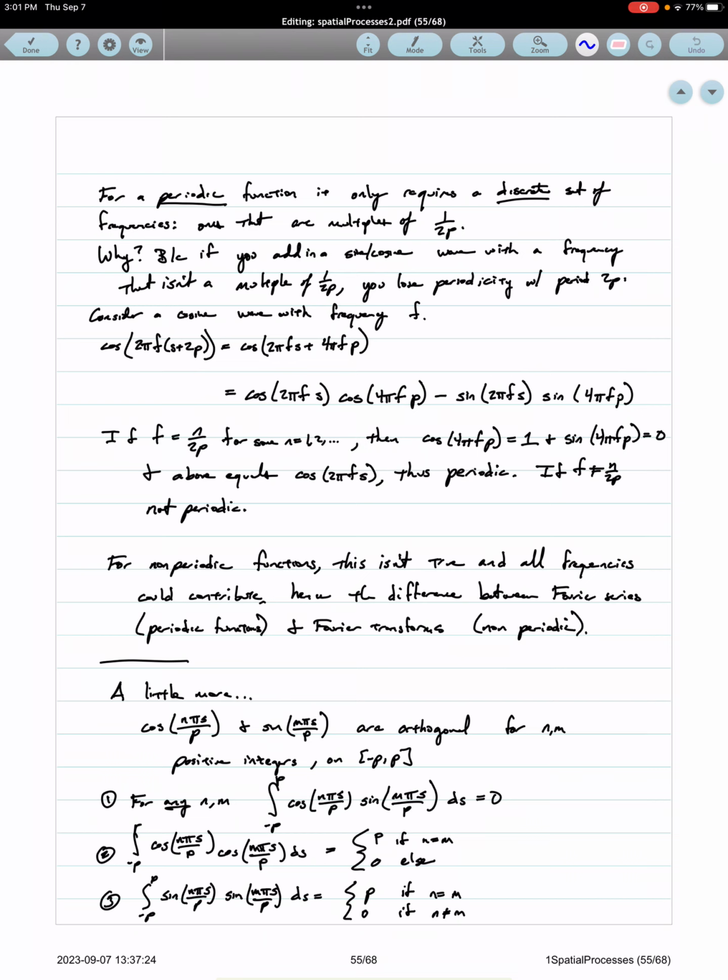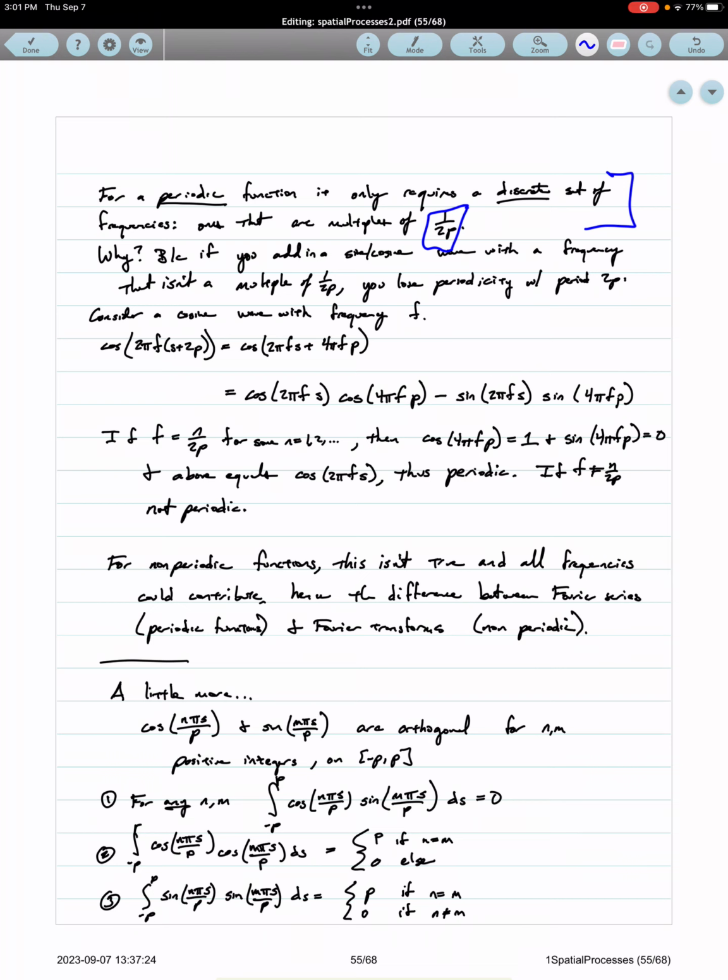The thing that's unique about Fourier series, remember, Schabenberger and Gotway are going to approach this in 2 steps. They're going to talk about periodic functions, and then they're going to talk about non-periodic functions. With periodic functions, it only requires a discrete set of frequencies, and that makes sense because if I chose a sine or a cosine wave with a frequency that is not a multiple of 1 over 2p, then by including a wave of that frequency, I'm going to break the periodicity.